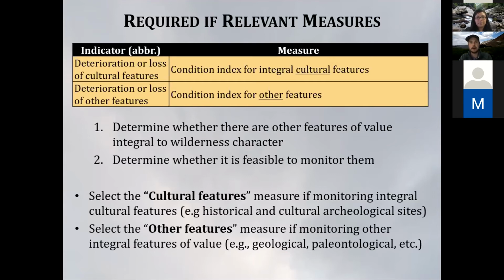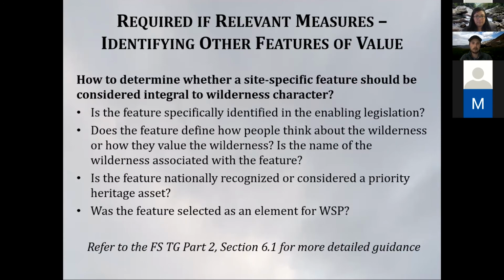But the cultural features measure monitors things like historical and cultural archaeological sites, while the other features looks at things like, say, a unique geologic site. So yeah, this slide helps with figuring out if you should be selecting the other feature of value measure.